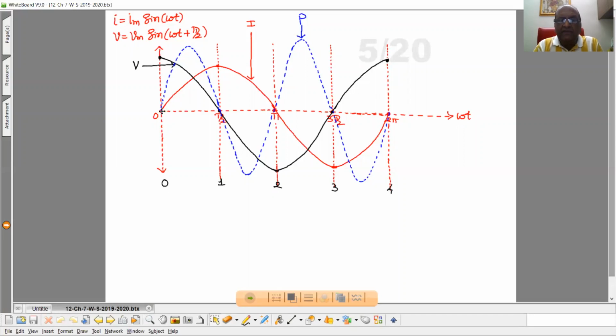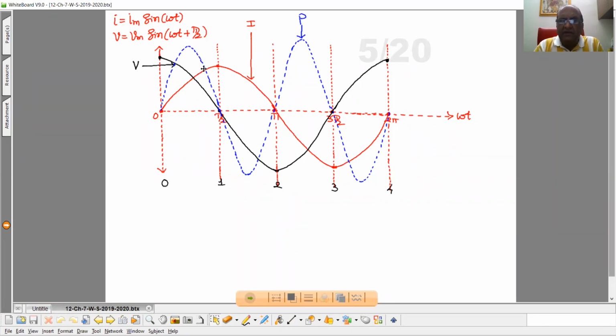Now see this red curve, that is the curve of current I versus omega t. This black one is of voltage versus omega t. Now see here, 0 to pi by 2. During this, voltage and current both are positive, so power P, that is V into I, is positive. Right?